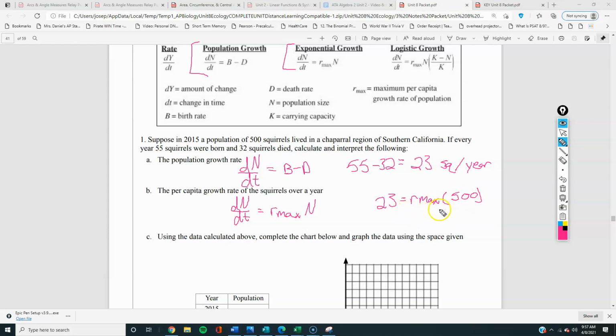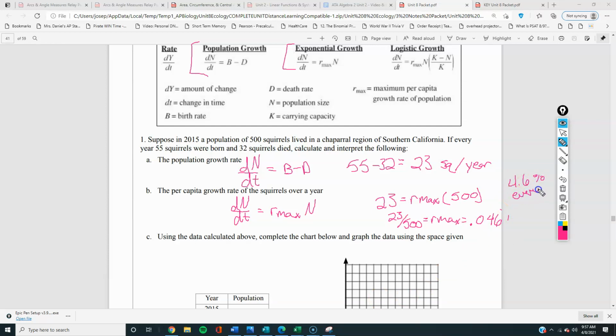So I'm going to divide both sides by 500, and I get 23 over 500 equals my r max, which is 0.046. So that means we expect an increase of 4.6% every year.